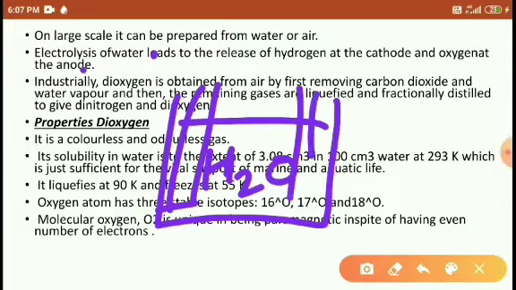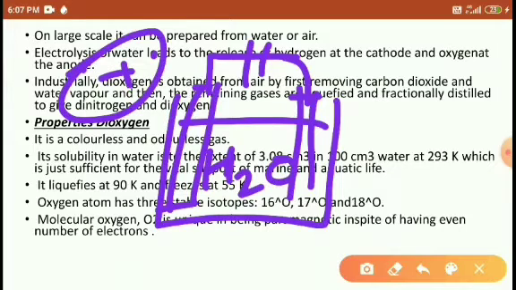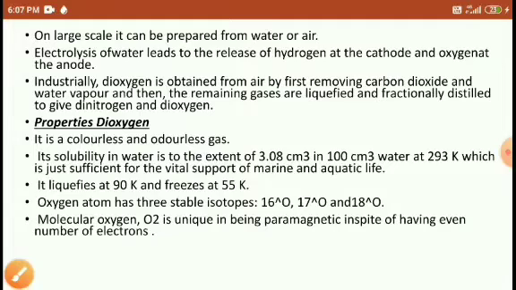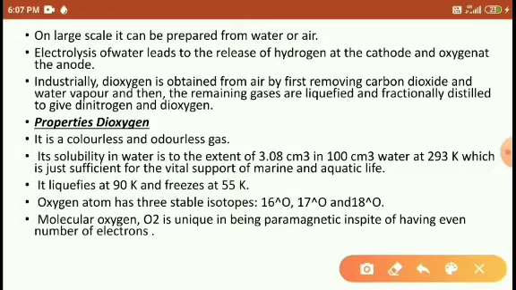So in the electrolysis of water, oxygen moves toward the anode and hydrogen moves toward the cathode. Right, students? Okay, industrial method: the first step is removing the carbon dioxide and vapor.